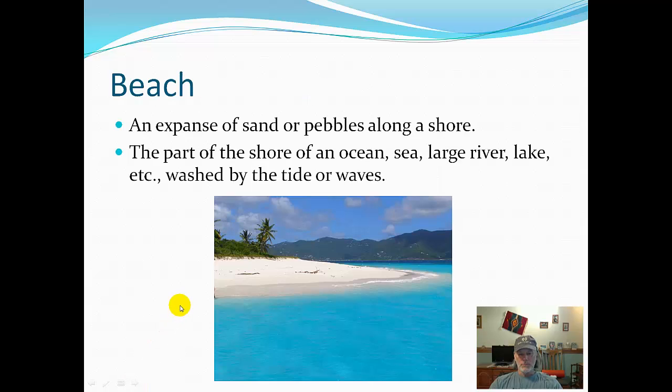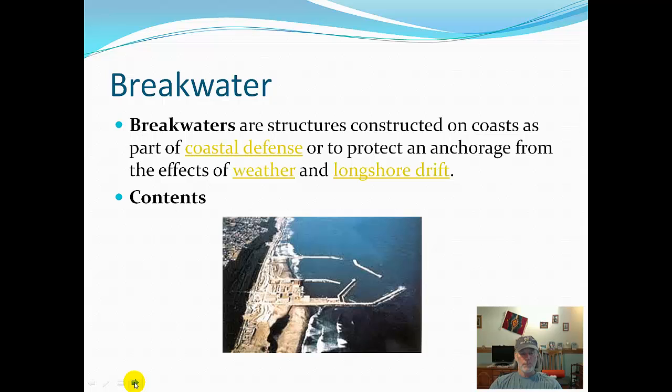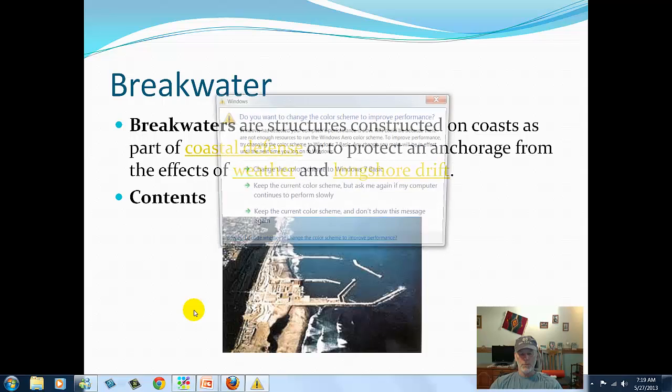A beach, we discussed in class, but technically it is a part of the shore that's washed by the tide or the waves. That's the technical term for a beach. And again, it could be sand or pebbles, and large rivers, lakes, etc. can have beaches. A breakwater is a structure used to protect the coast from eroding.